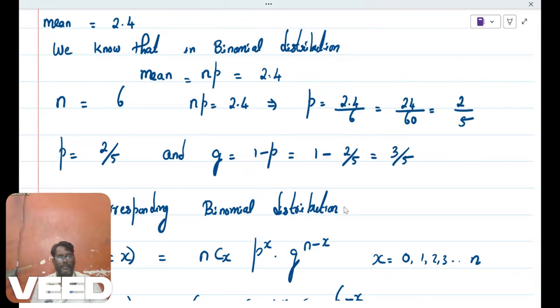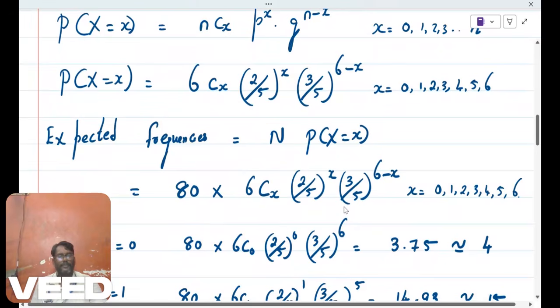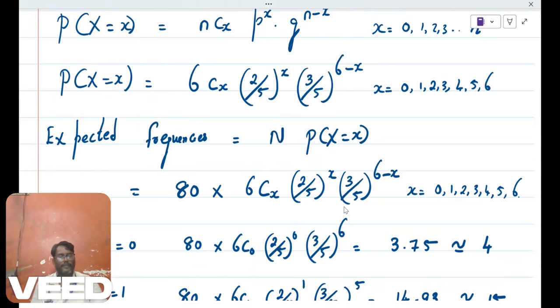Then the corresponding binomial distribution is P of X equal to x is equal to 6Cx, 2 by 5 raised to the power x, and 3 by 5 raised to the power 6 minus x, where x takes the value 0, 1, 2, 3, 4, 5, and 6. Now we will compute the expected frequencies. The formula to compute the expected frequencies will be capital N, that is the sum of the frequencies, into P of X equal to x.